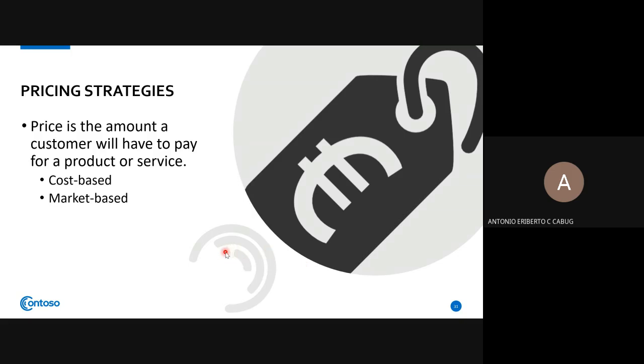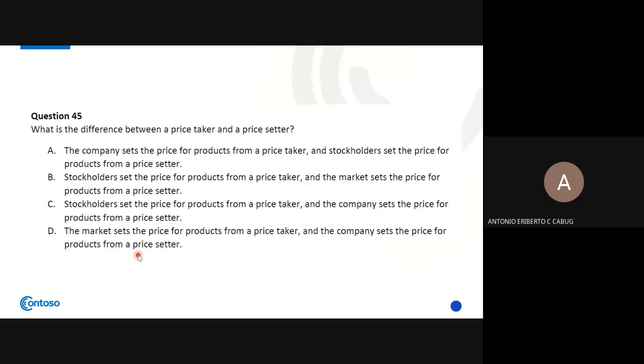It can be cost-based if the nature of the product is highly customized, pasadya, pinagawa sa'yo based on customer specification. And on the other extreme, what you are selling is just a commodity, equivalent to the other sold by your competitor, katulad ng agricultural produce and precious metals. Then you have no choice but to let the market decide. Clear? Sige. Start na tayo, ha?